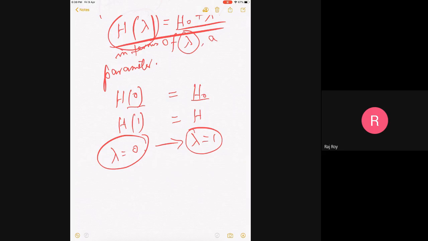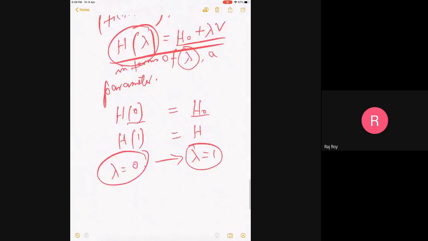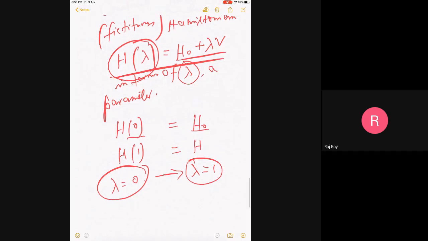Because then the solution of this Hamiltonian will actually represent the solution of H naught plus V. But this Hamiltonian by itself is a fictitious Hamiltonian with a parameter lambda. Is it clear?